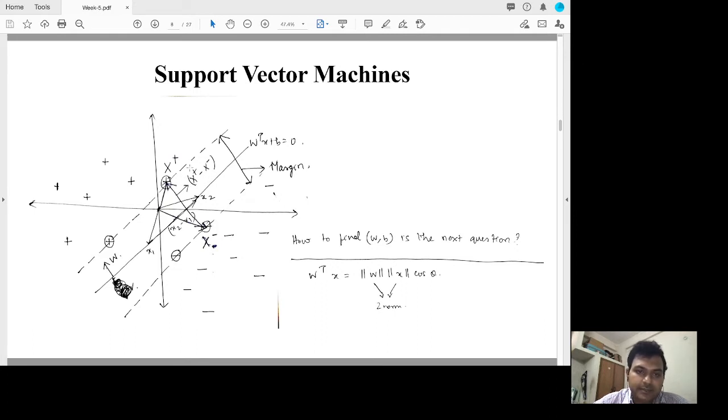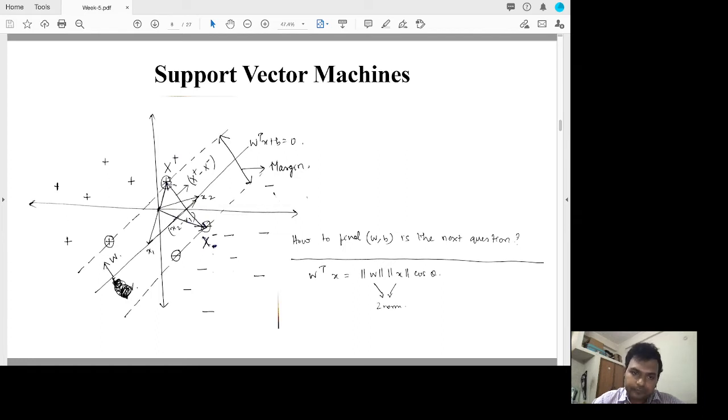This is your margin in the sense that it is a vector that gives you some sense of the margin. It is not exactly the margin, because the margin would be the perpendicular distance between these two lines.